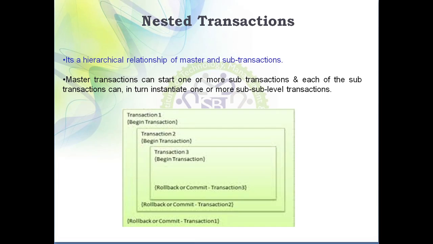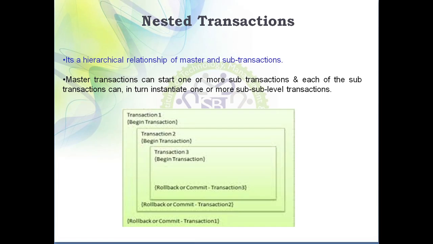So the answer is no. In order to have successful execution of transaction T1, transactions 2 and 3 have to be executed successfully. If either 2 or 3 does not execute successfully, then transaction T1 also does not get executed successfully. So this is nesting of transaction.